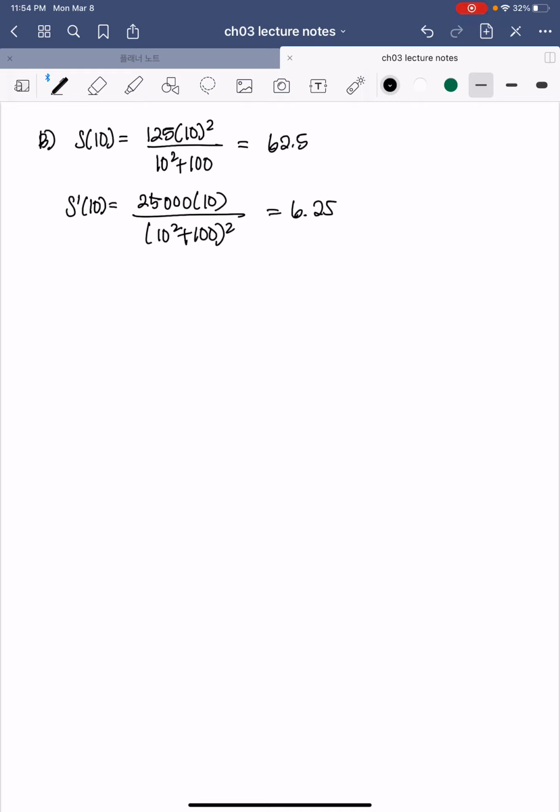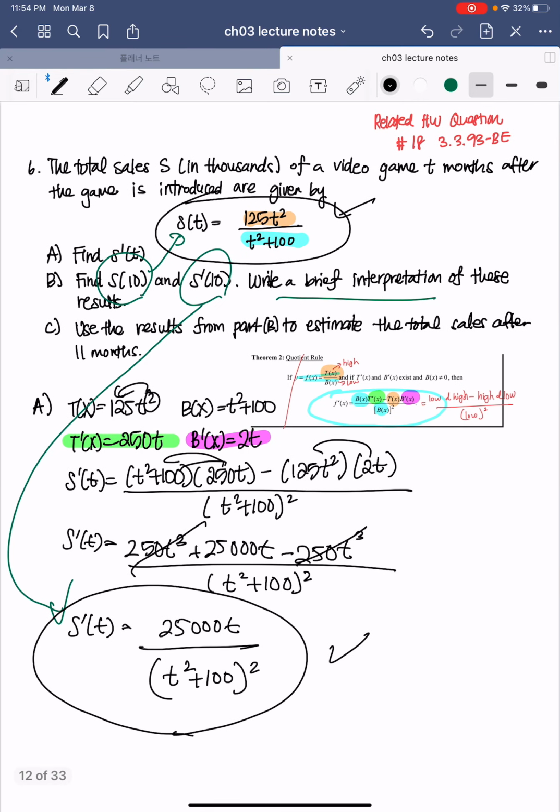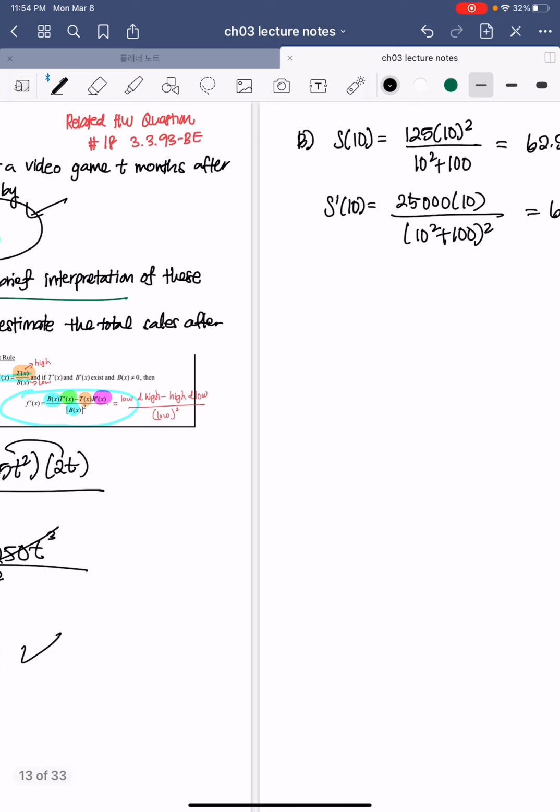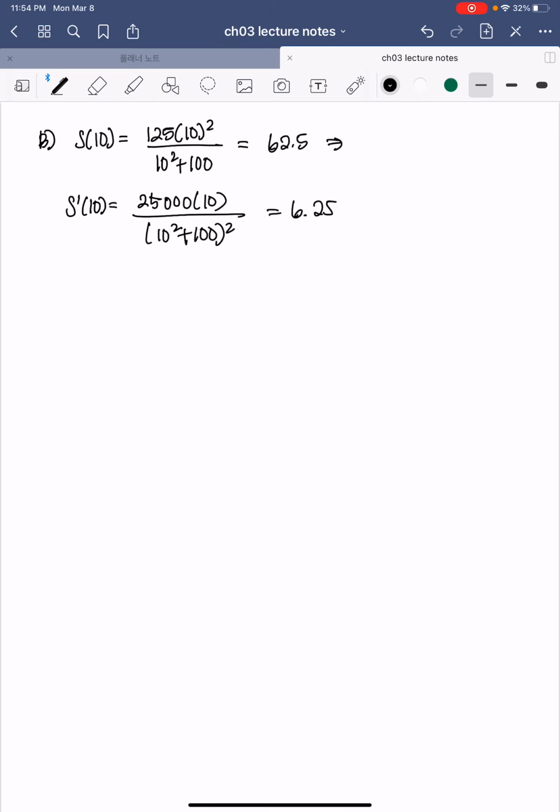Well, first, let's change the unit. Our unit, S, is in thousands. So really, moving 3 decimal places to the right, 62.5 becomes 62,500, because it's in thousands.